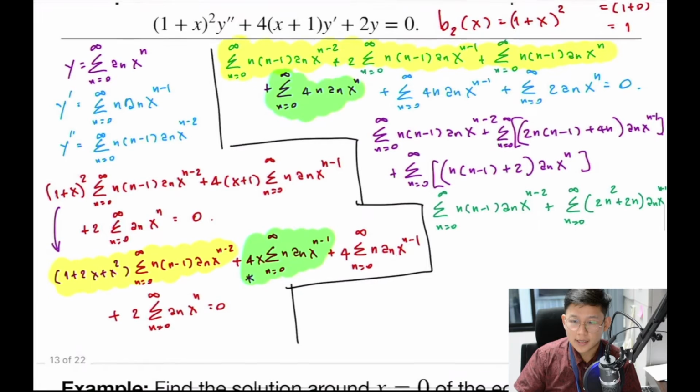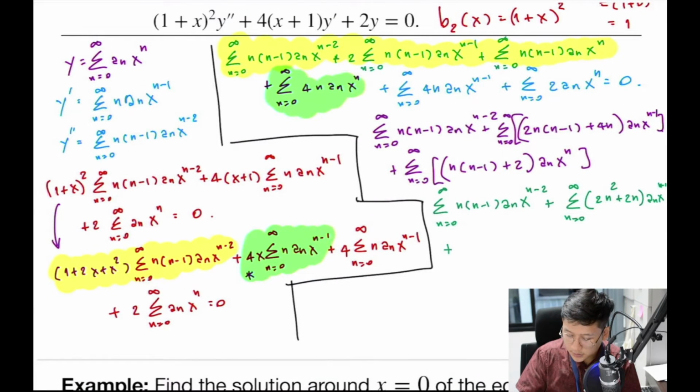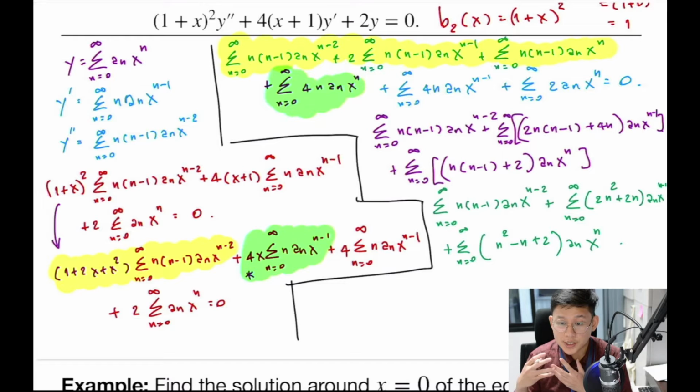And that is 2 plus summation n from 0 to infinity, and that will be n squared minus n plus 2 an x to the n. Okay, and this is what we have after simplification.